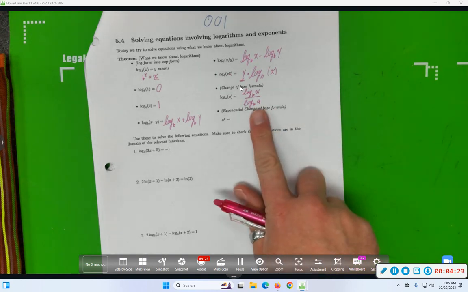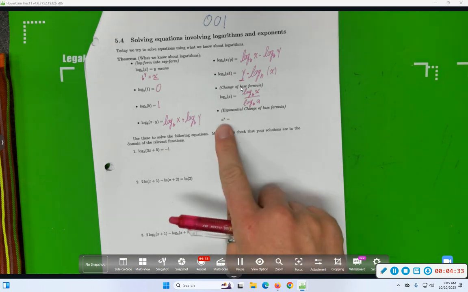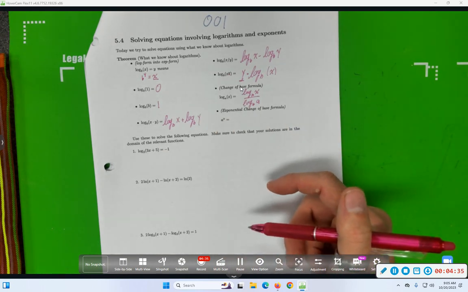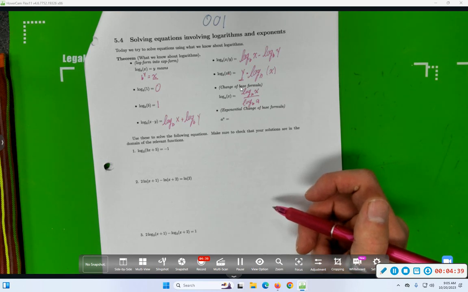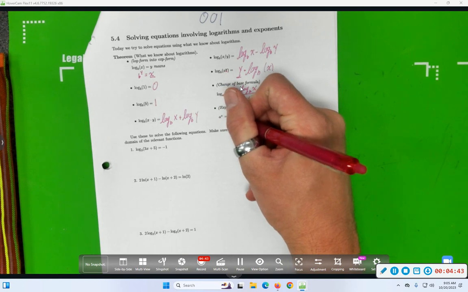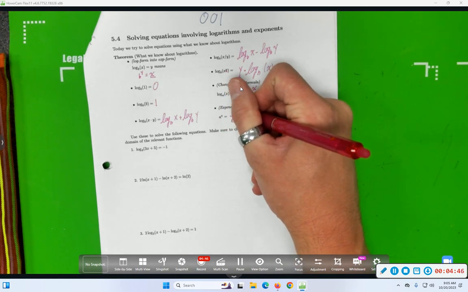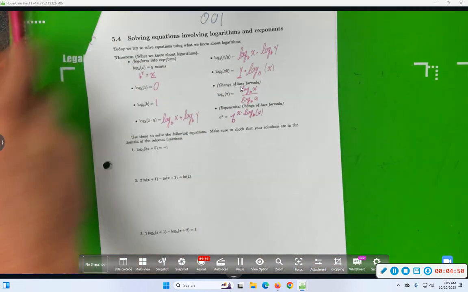It's really useful, we've seen, to write everything in terms of a single log. Sometimes things will cancel if you do. If you have a base for an exponent you don't like, this will be a rule that gets very important and gets lots of use in calculus. You can rewrite it in terms of any other base you like. a to the x is the same as b to the x times log base b of a.